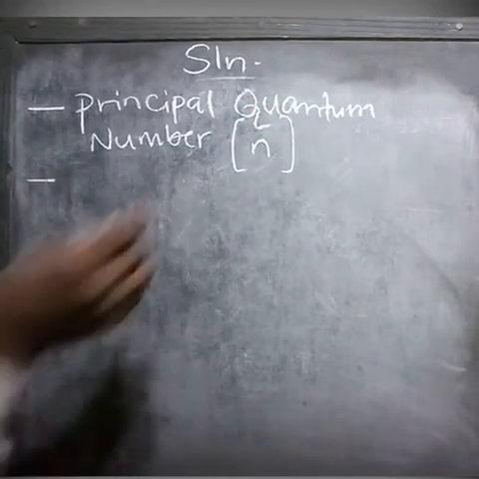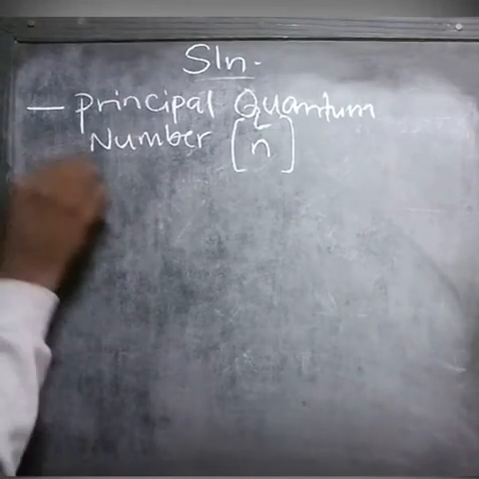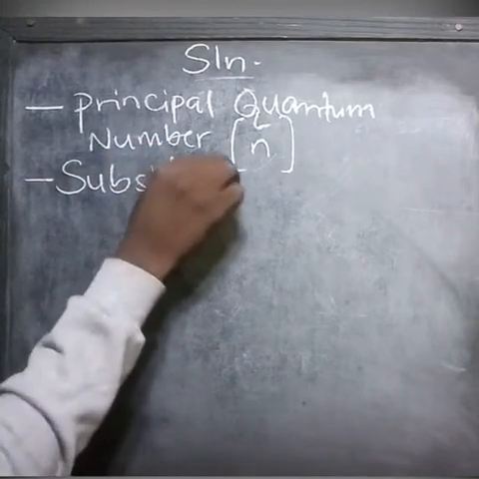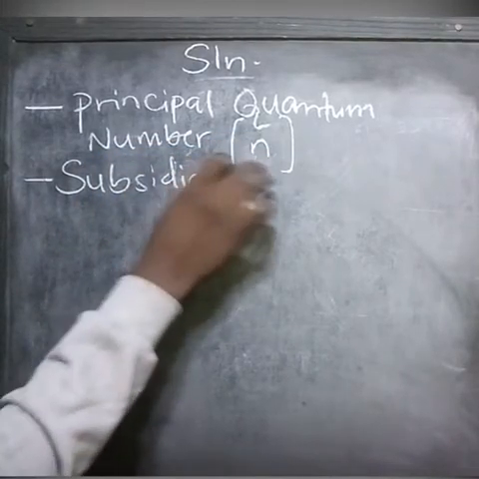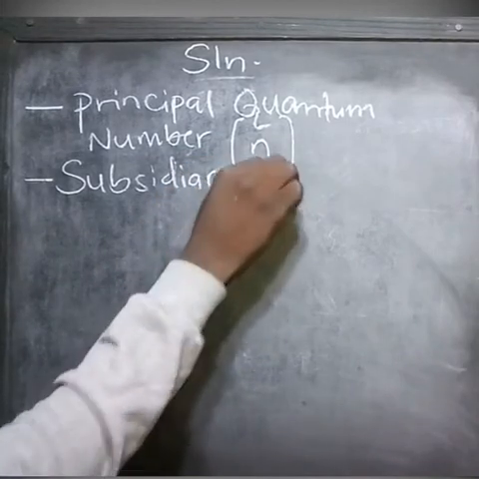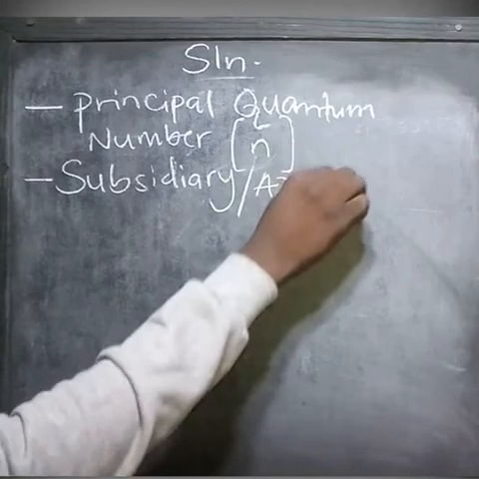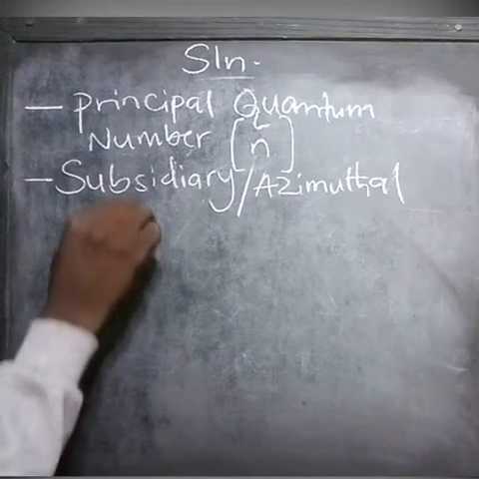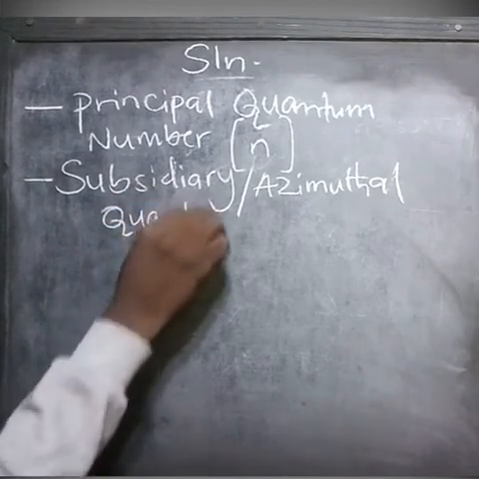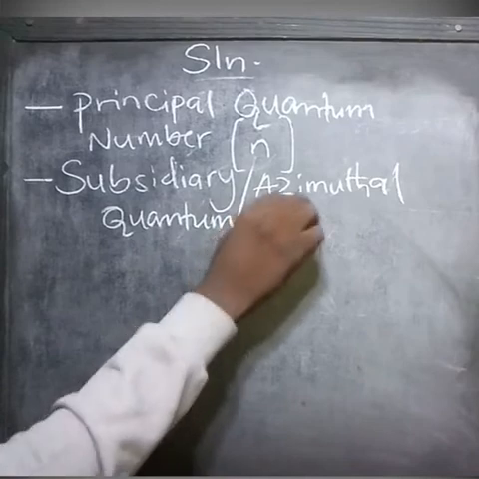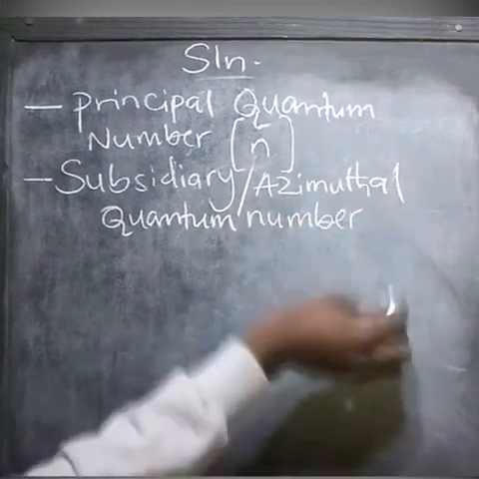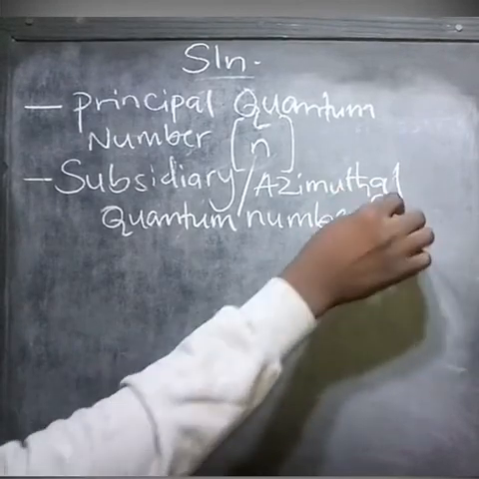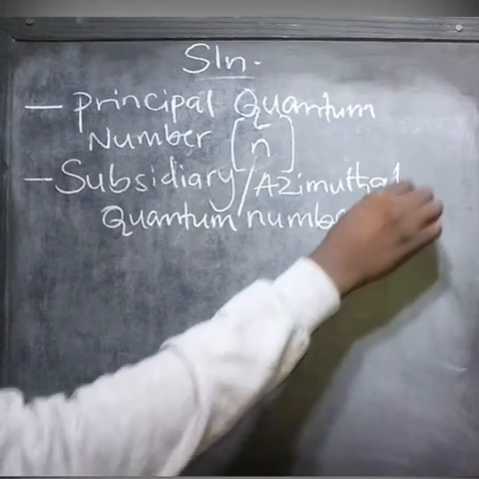The second one is the subsidiary or azimuthal quantum number, which is also denoted by small letter l.